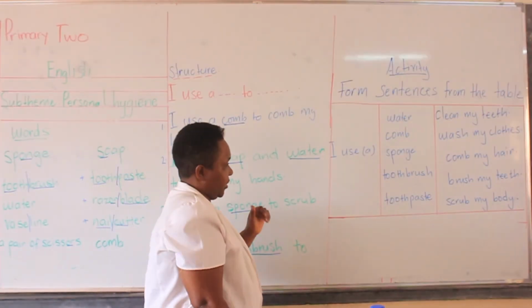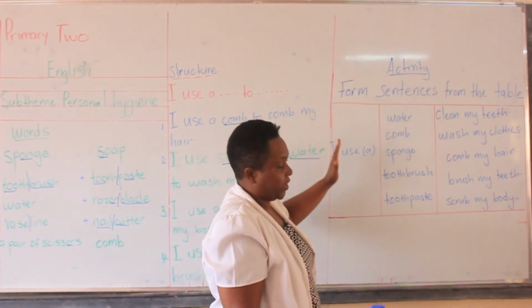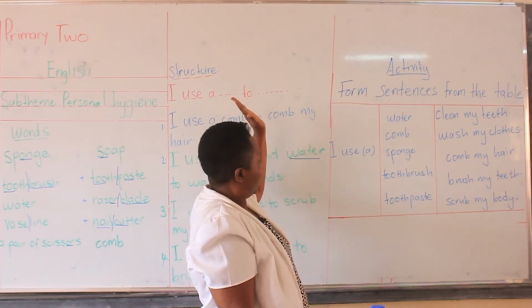So at home, this is the activity that we are going to do. We are forming sentences from the table using the structure that we learned.